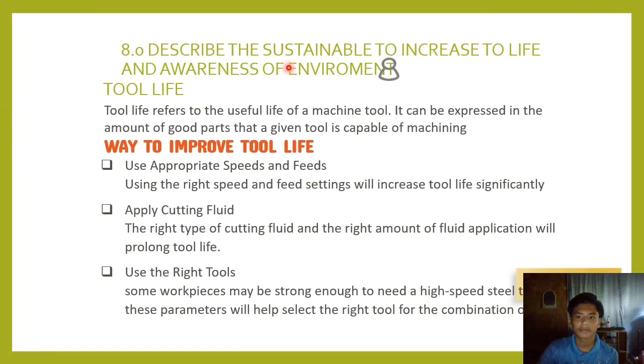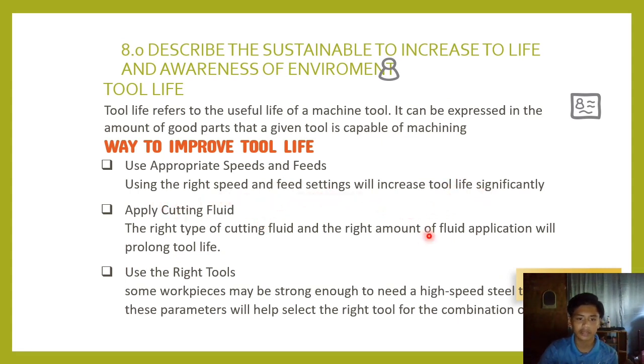Describe the sustainability to increase the life and awareness of environment. Tool life. Tool life refers to the useful life of a machine tool. It can be expressed as the amount of good parts that a given tool is capable of machining. Ways to improve tool life: use appropriate speed and feed. Using the right speed and feed settings will increase tool life significantly.